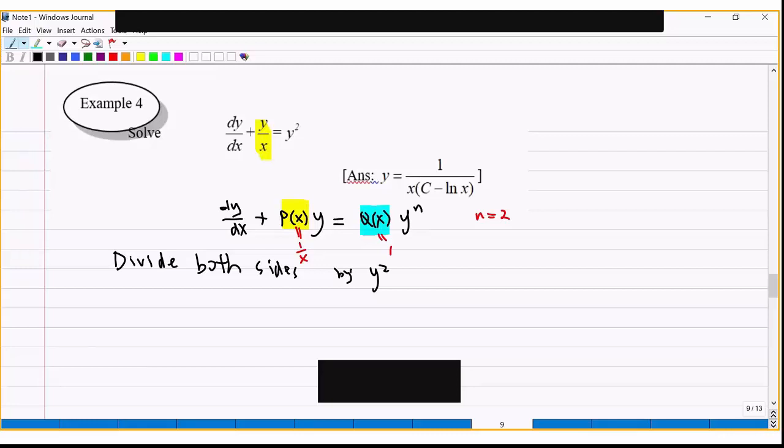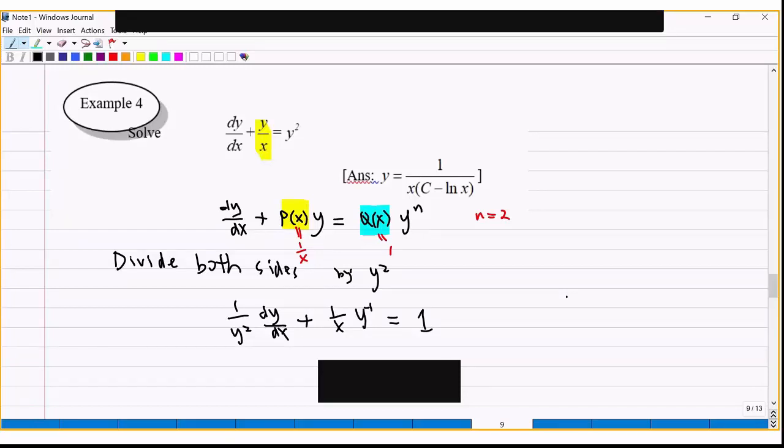So when you divide both sides by y squared, you get 1 over y squared dy/dx, then y divided by y squared gives you 1 over x times 1 over y. 1 over y is y to the power minus 1, so I'll put them as y to the power minus 1 first, and then you're left with 1 after dividing both sides by y squared.